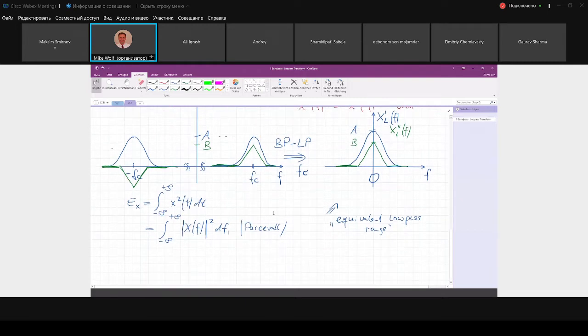So half of the contribution to this integral is from here and the other half from here. So I could write this a little bit differently. I could say this is the integral from 0 to infinity, and then I write here |X(f)| to the square df, right?